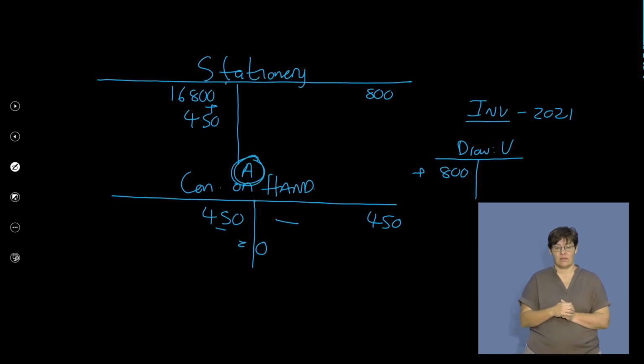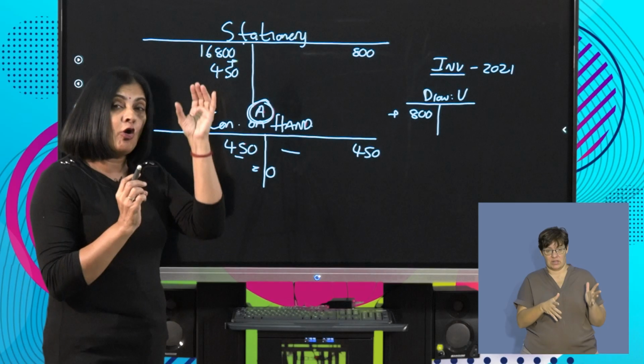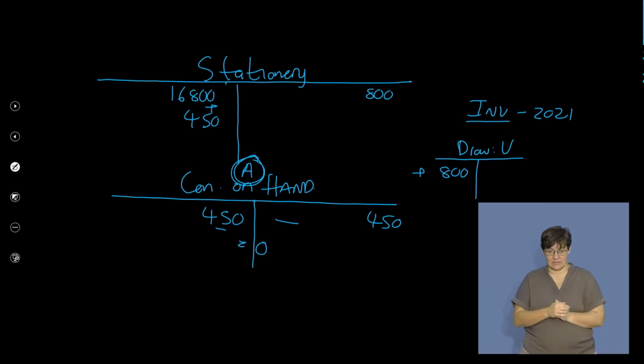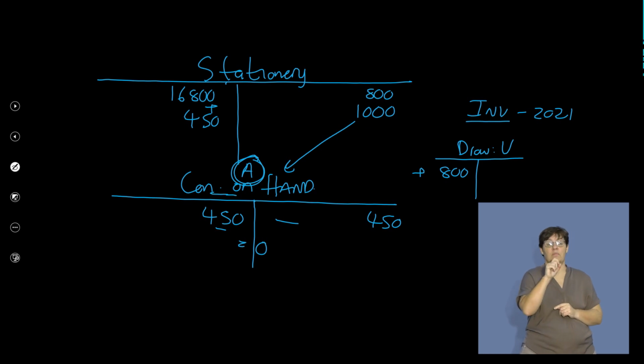So that 1,000 Rand, remember, this is now my stationery on hand at the end of the year. So in other words, unused stationery, an amount of 1,000 Rand that needs to be transferred to consumables on hand. Because it was not used, this is now going to get locked away in the cupboard.